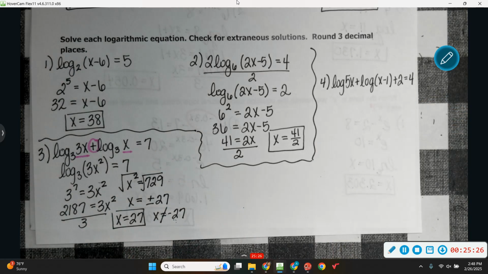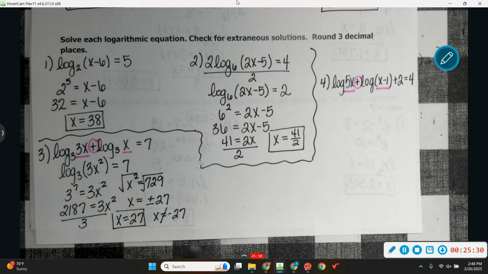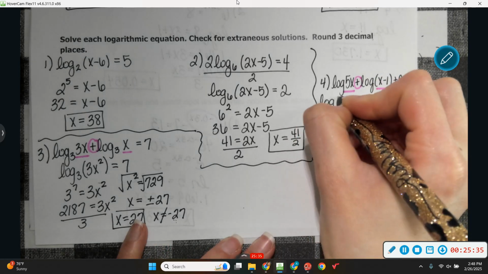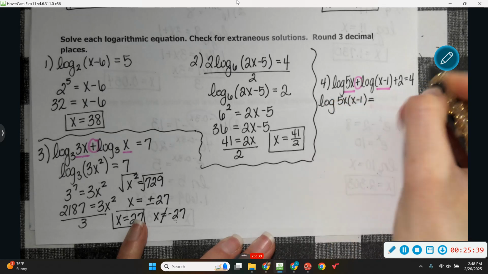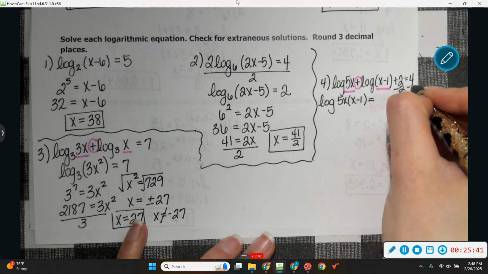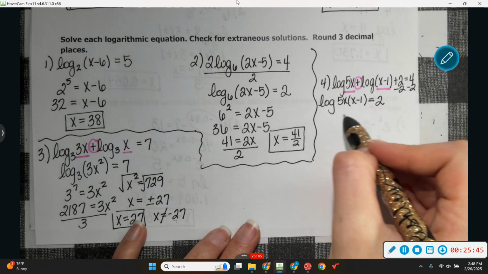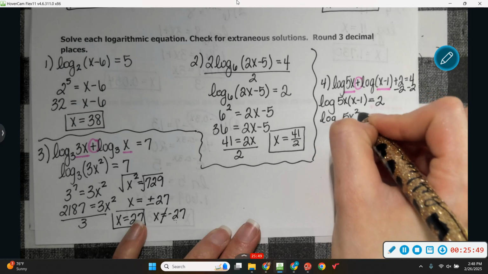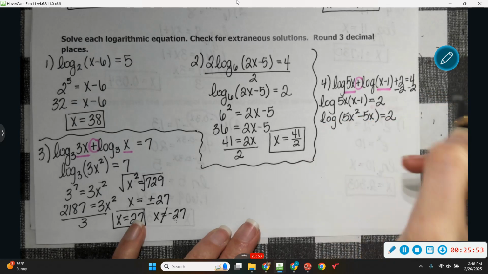A plus means I multiply, so I multiply 5x times x minus 1. And I can also subtract the 2, so that's equal to 2. If you need to write it like this before you multiply, you can. This just gives me 5x squared minus 5x equal to 2.